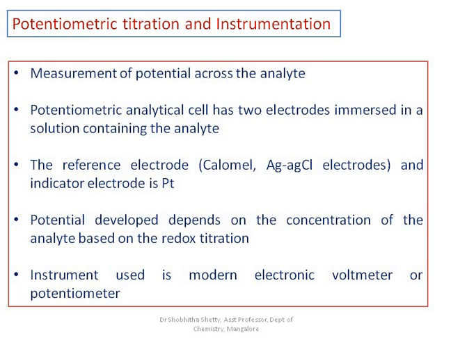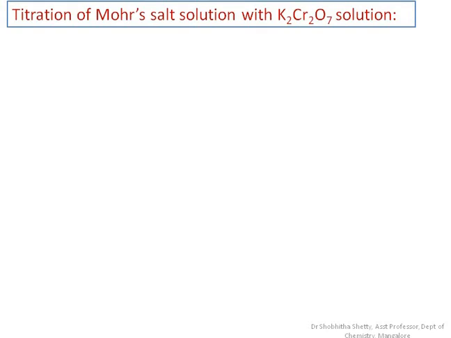Mainly this method involves the change in concentration, and based on that how the potential is varied, recording the potential with respect to the concentration of the ions in the analyte solution. And this method does not involve the addition of any indicator. So direct titration or redox titration studies are carried out, and finally the equivalence point or end point is determined graphically.